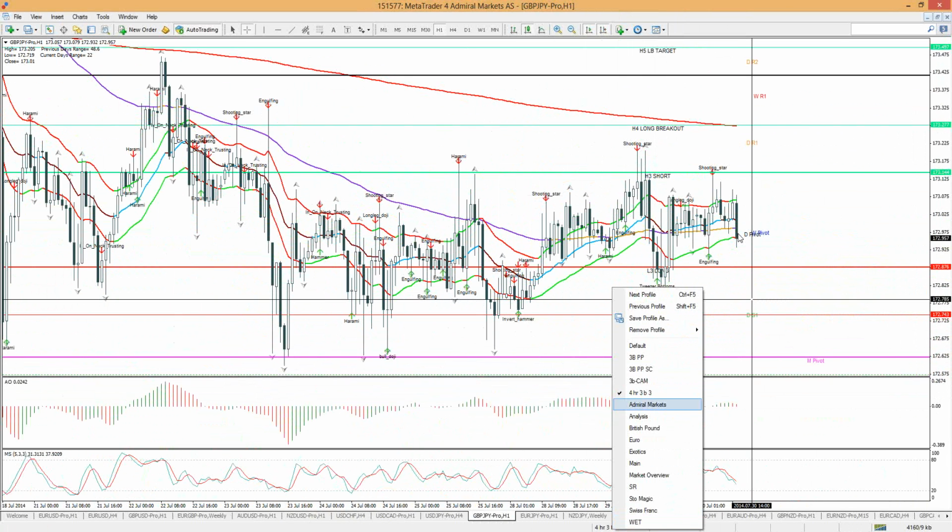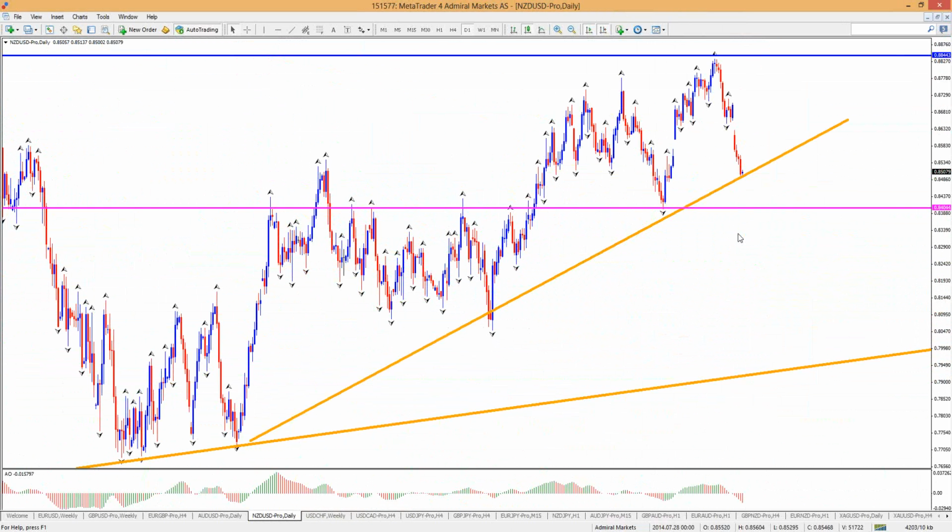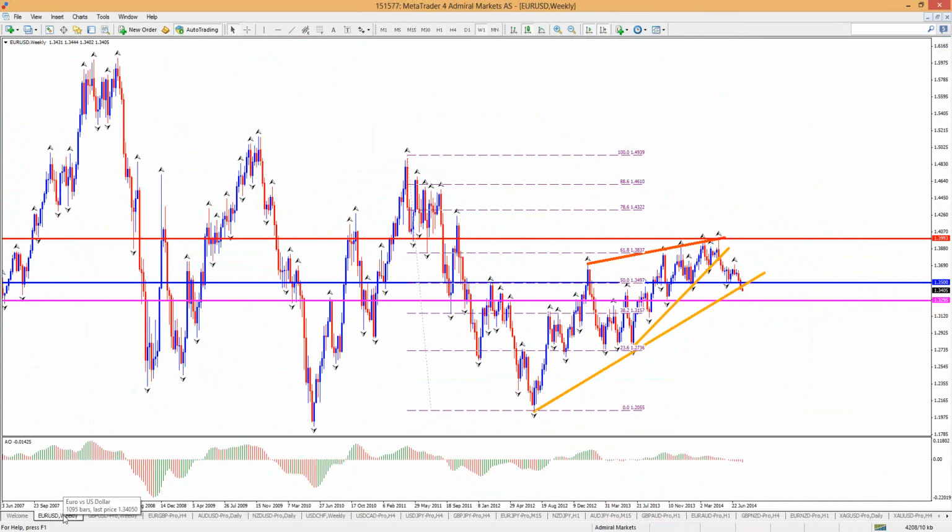I have to switch the template again because this is full of moving averages. So from a Fib point of view, let's take a look.